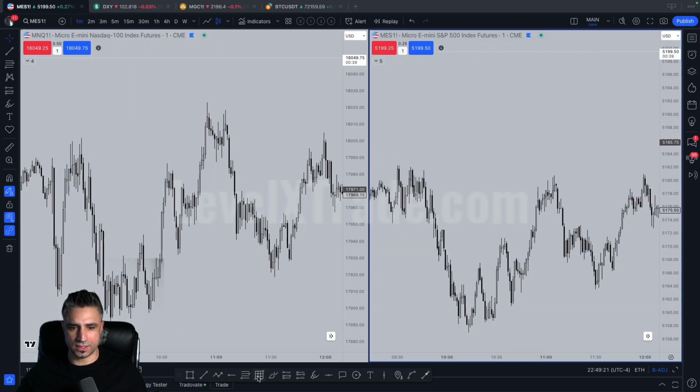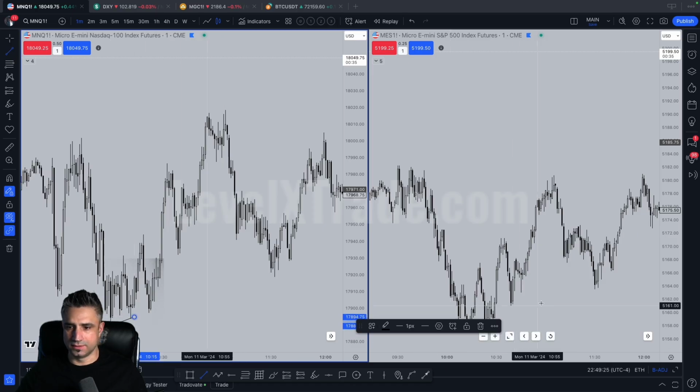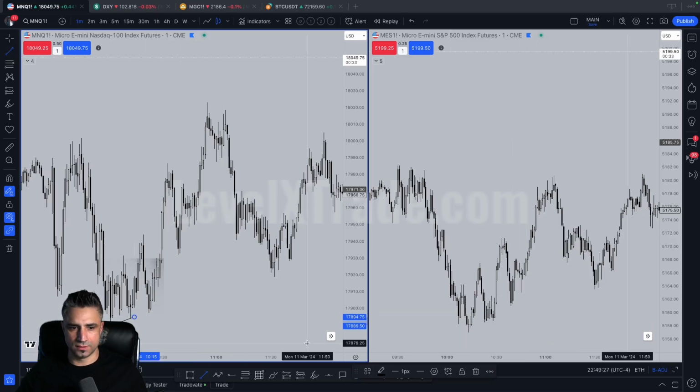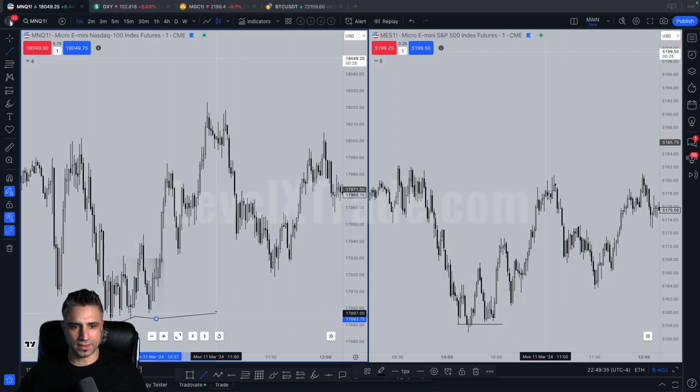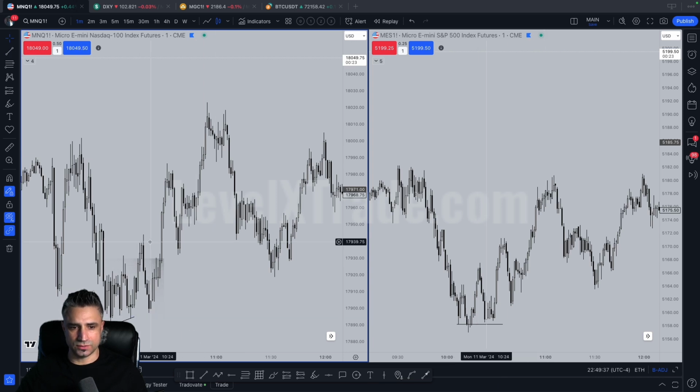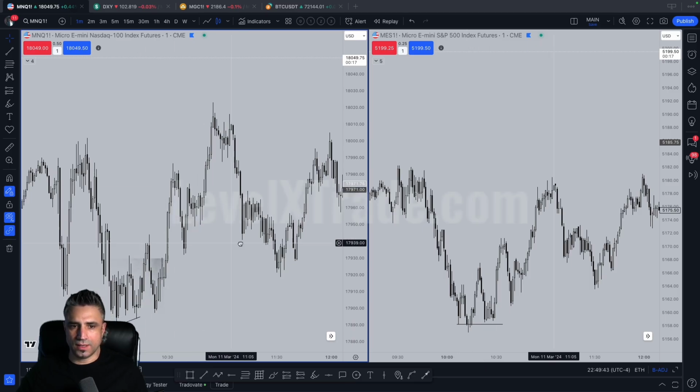You can see that we have a low right here and then a high, and it's not very acute. You can see that NQ is moving a little bit higher or faster to the upside, so there's a little bit of a discrepancy, and that can be used as a confluence.